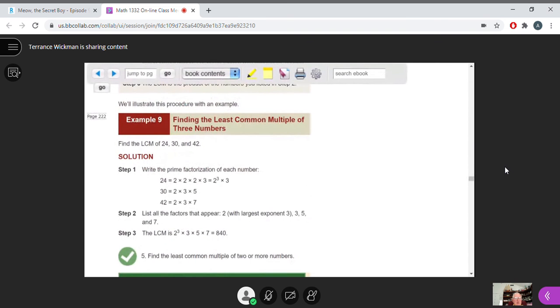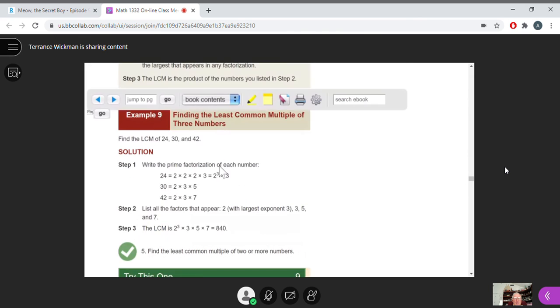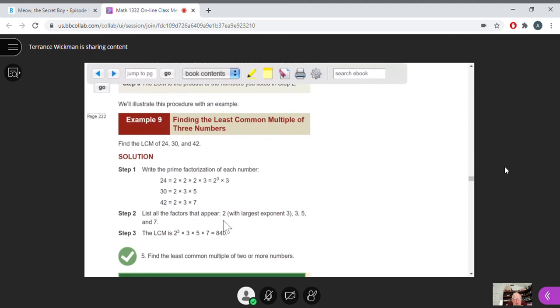Least common multiple of 24, 30, and 42. It can't be anything less than 42. That doesn't work. So we're going to go to 84. That won't work. They just keep going through multiples of 42 until they find out that it is 840. It's a long number. But you'll find if you take 840 and divide it by 42, it goes in 20 times.